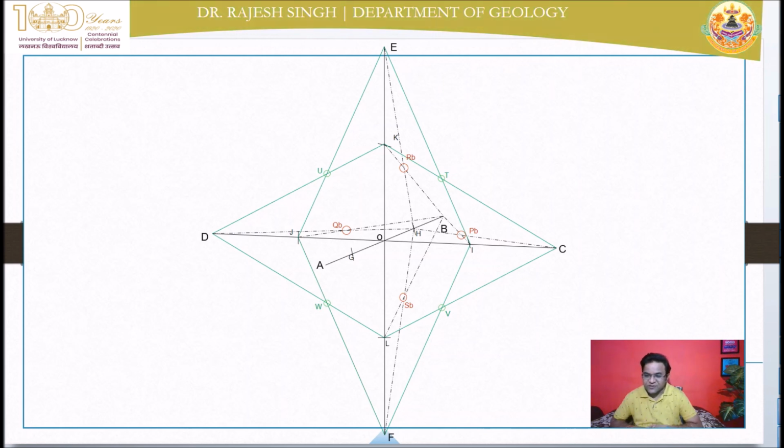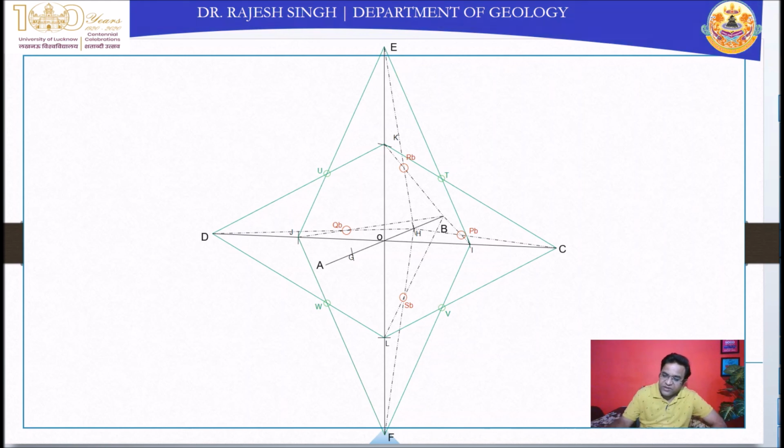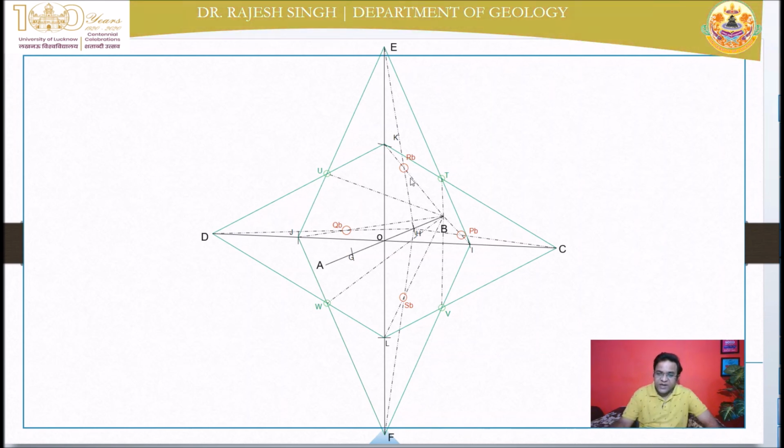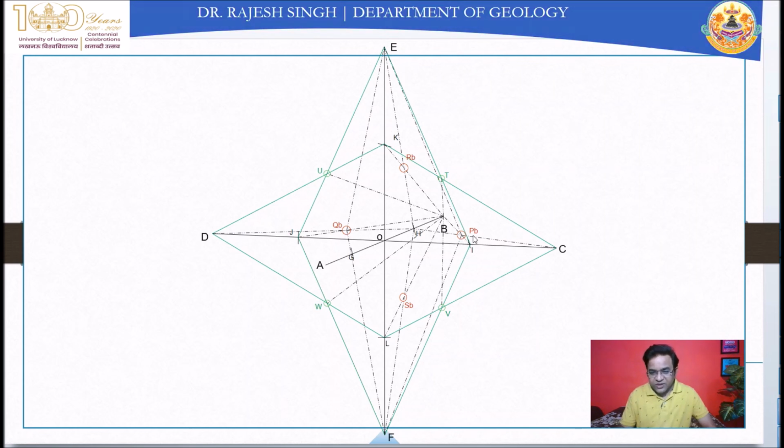Again we will join the endpoints of the axes with the 8 intersection points, that is P, Q, PB, QB, RB, SB and T, U, V, W. So T, U, V, W will be joined from the point B, and again these 4 points RB and SB will be joined with the endpoints of the A2 axis. I joined the PB and QB with the points of the A3 axis.